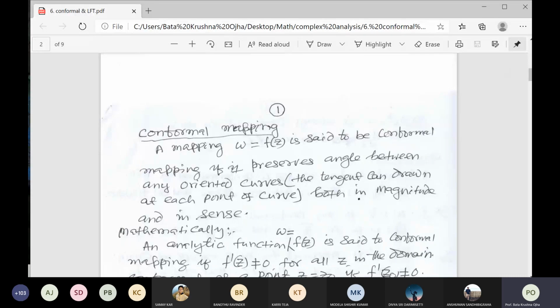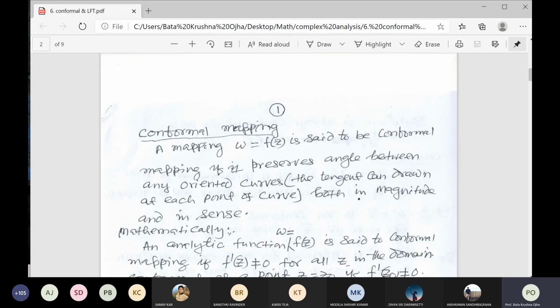We cannot say that every mapping is conformal. A mapping is said to be conformal if it preserves the angle between any oriented curves. Angle means the angle between the tangents of two intersecting curves. If f is a mapping from the z plane to the w plane, imagine two curves C1 and C2 intersecting in the z plane at the point z0.